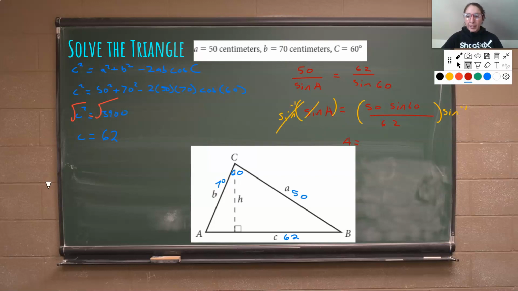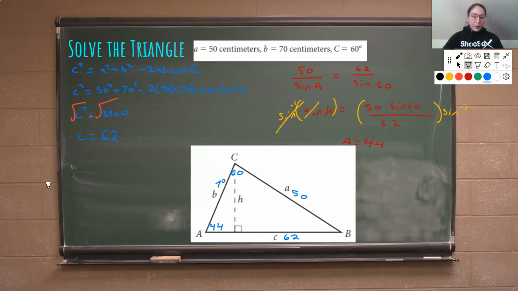So A is equal to inverse sine of 50 times sine of 60 over 62. That gives us 44.29, but again, we're doing everything in whole numbers, so we're going to drop that down to 44. So now big A is 44.